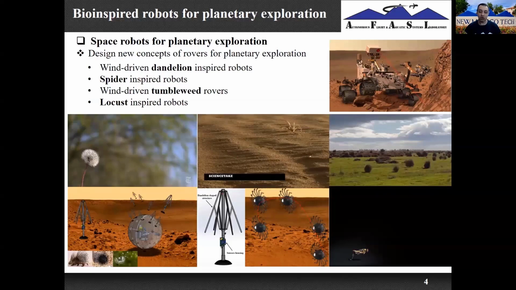Due to this, we are working on some new concepts which combine ground-based rovers and flying objects, so they can be used together for planetary exploration like Mars or the Moon. Here I'm going to show you some flying or moving concepts that harvest energy from the available winds on Mars.